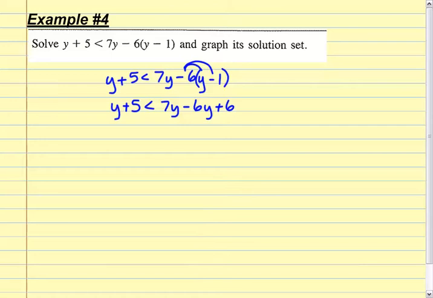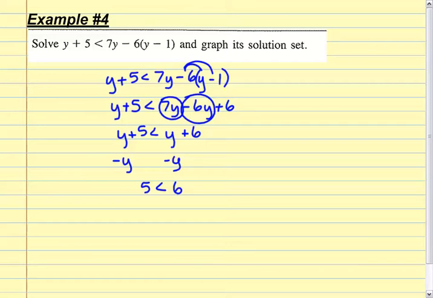Well, let's see. That's going to give us y plus 5 is less than, remember, simplify before we solve, y plus 6. I'm going to subtract y from both sides, and that's going to give me 5 is less than 6. Well, that's always true.